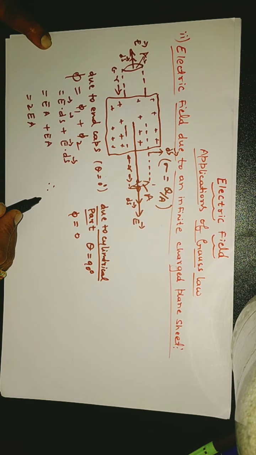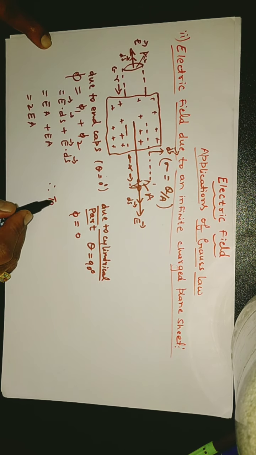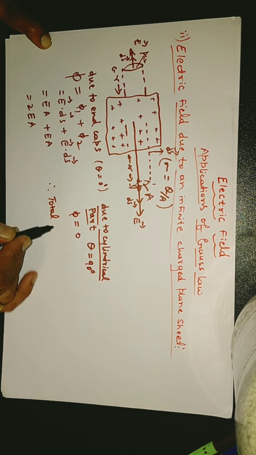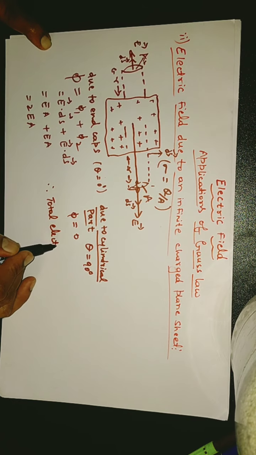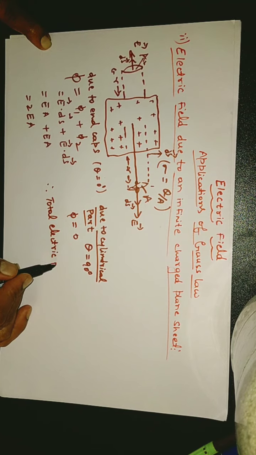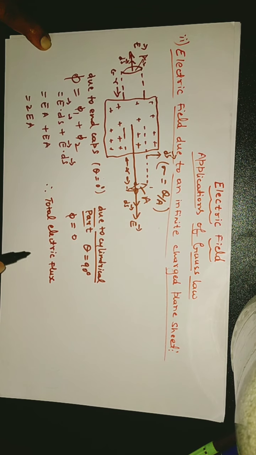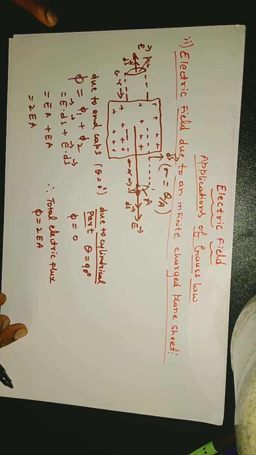Therefore, the total electric flux will be equal to 2 times E into A. That is due to the end caps.